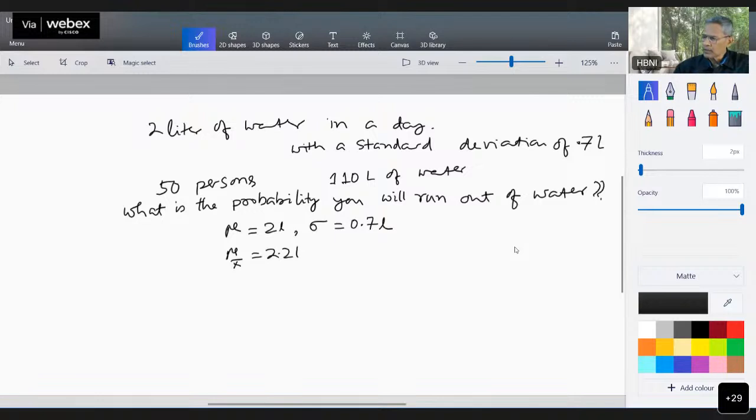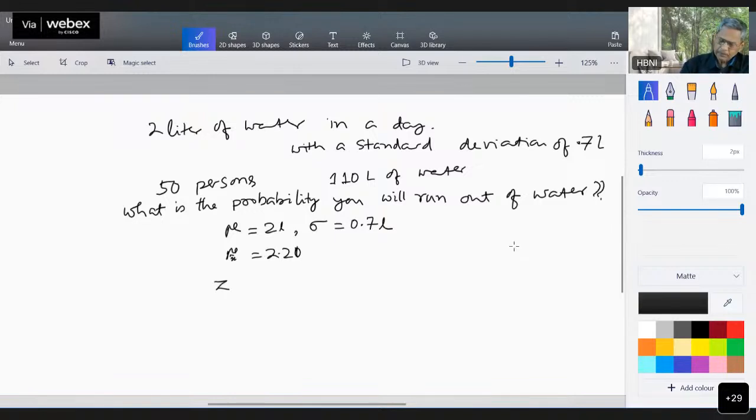I'm putting this as mu of the sample, 2.2 liter. Okay, and then let me calculate the Z score.